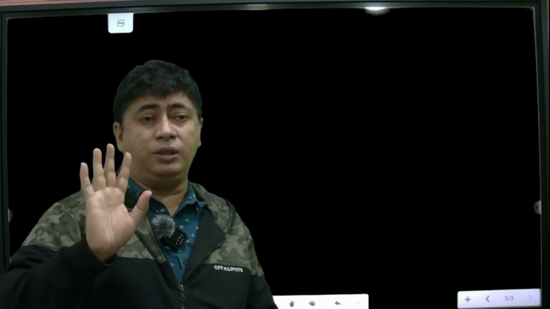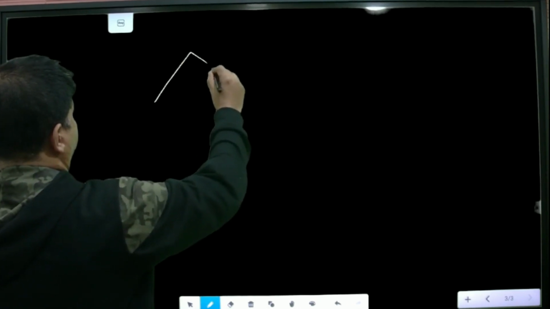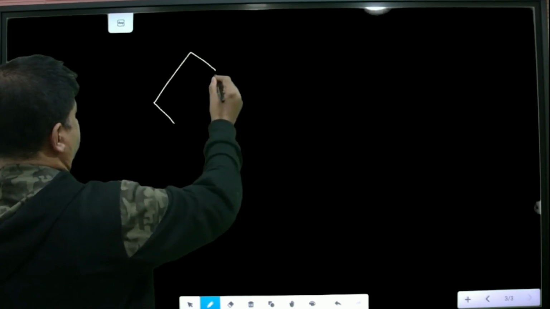Now, we will find the angle between two planes. Suppose there is a plane like this, and with this we are drawing another plane.